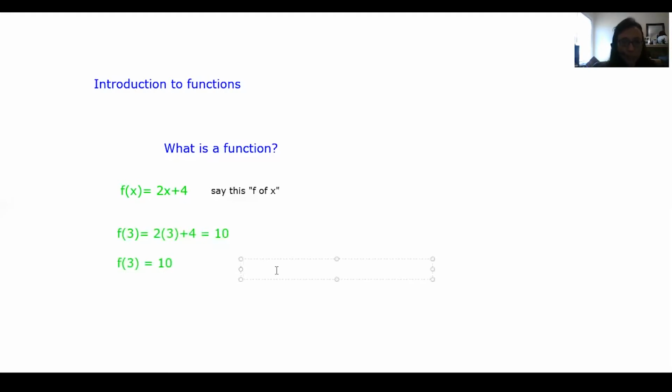Please notice this is the same as writing it as a coordinate or an ordered pair. If x is 3, y is going to be 10. Please notice also we could draw a little table to tell the same information.